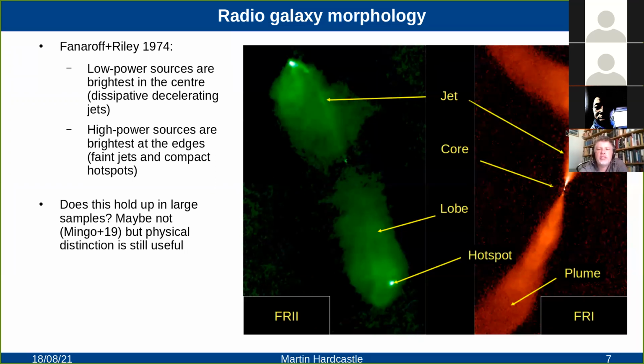Fanaroff-Riley class 1 objects have bright centers and then fade out towards the edges. So we see a core, we see a bright jet, and we see a gentle fading in these high resolution images of a classical FR1 type object. Fanaroff-Riley class 2 or FR2 objects are brightest at the edges. They have faint jets, if the jets are there at all, compact hotspots at the end, and diffuse lobes. Now, what Fanaroff and Riley said was that low radio power sources are FR1s and high radio power sources are FR2s.